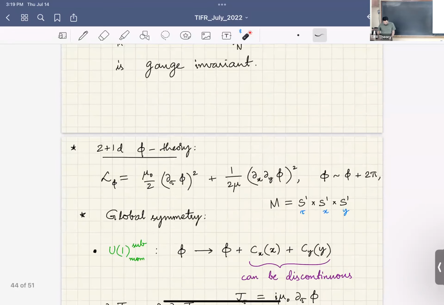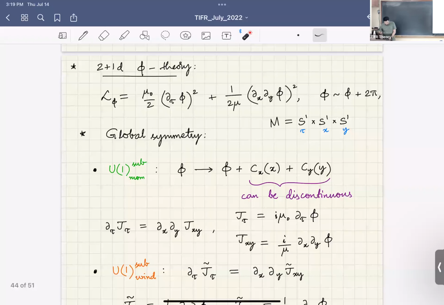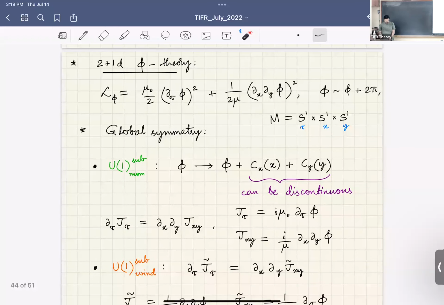Okay, yeah. In the 2 plus 1 D phi theory, the Lagrangian is given by this. So you may recall, there is a standard time derivative term, but a non-standard spatial derivative term. And once again, I choose my space-time manifold to be a 2 plus 1 D torus. So time is a circle and space is also a torus.